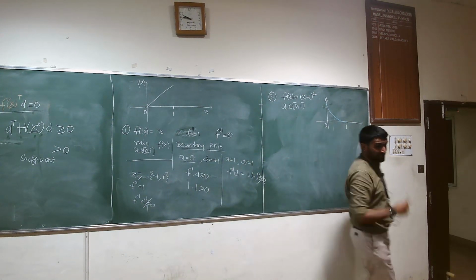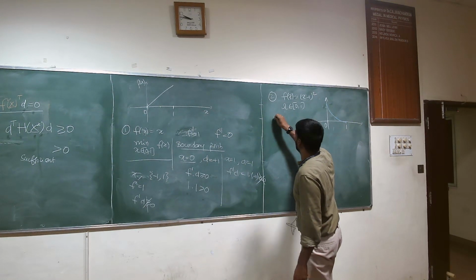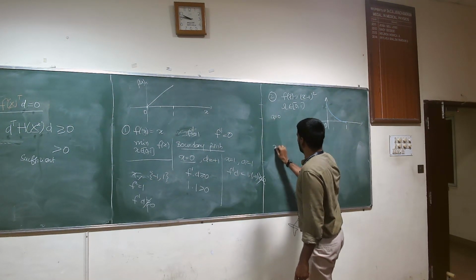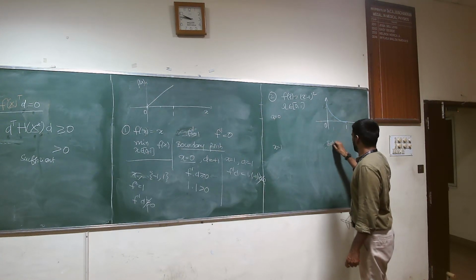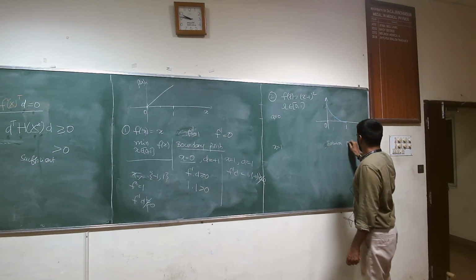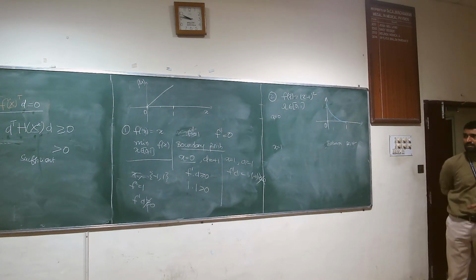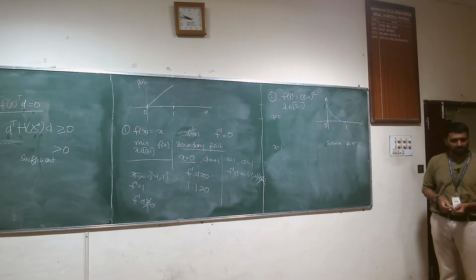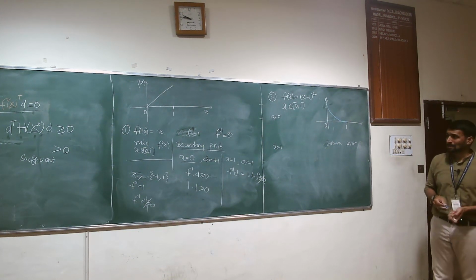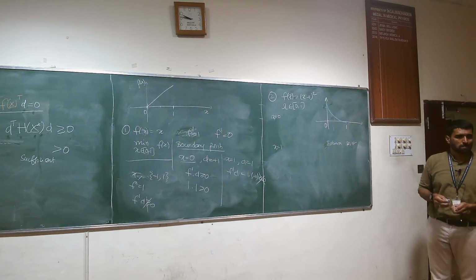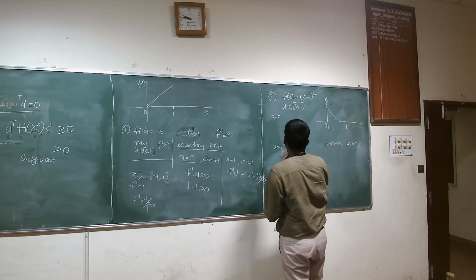What about this? Let's first do the boundary points. X equals 0, and then we'll also look at some interior points. What is f dash d?